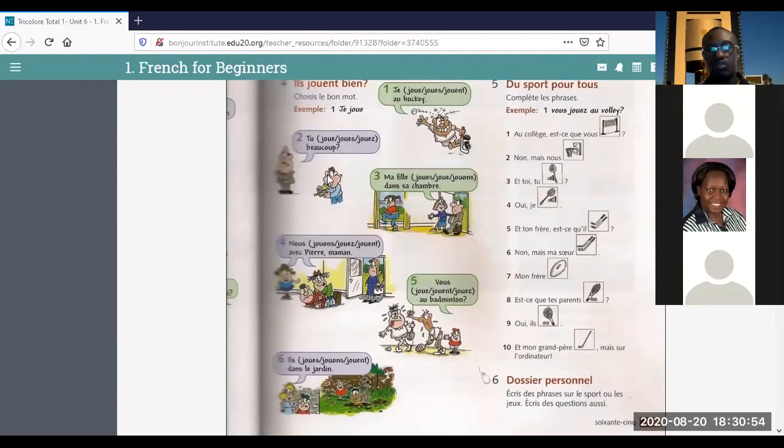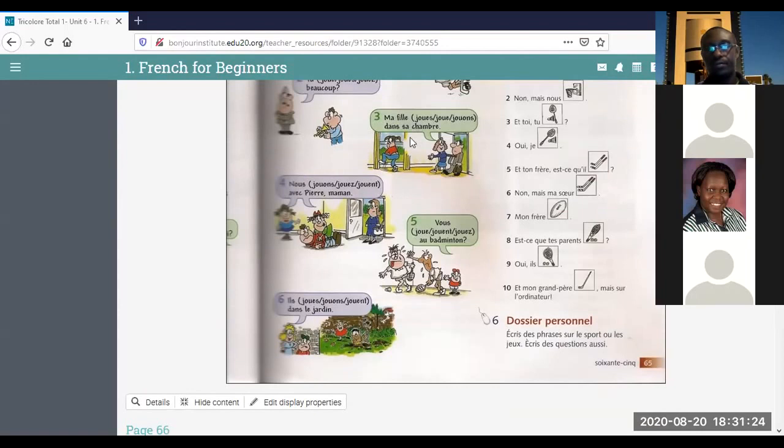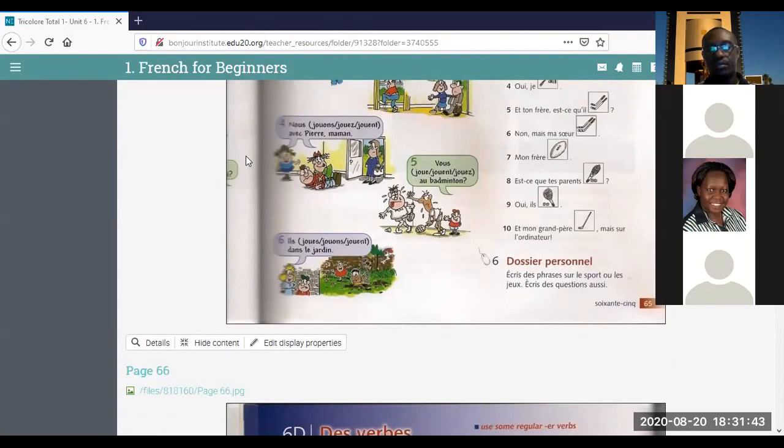Tu joues beaucoup. Numéro 3, Beryl. My daughter plays inside the bedroom. Très bien. My daughter plays in her bedroom. Numéro 4, Nancy. Nous jouons avec Pierre, maman. We are playing with Peter, mom.